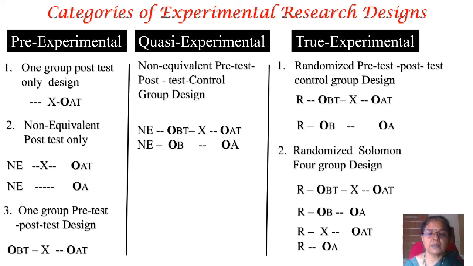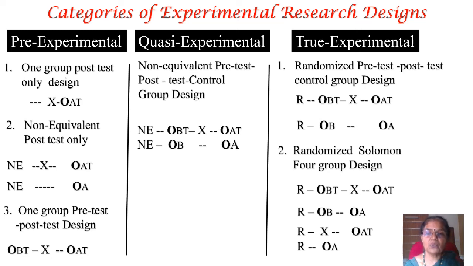And in the last example given in pre-experimental, the third one, one group, pre-test, post-test design. And here there is no control group at all. There is only one group. That is the experimental group or the treatment group, which is receiving the treatment X. And you give it pre-test and post-test.